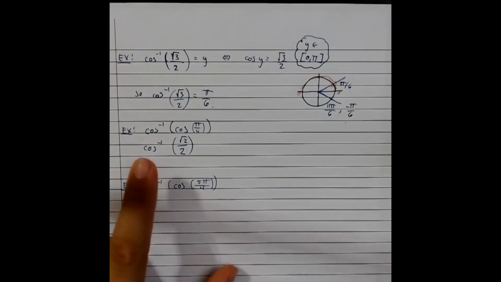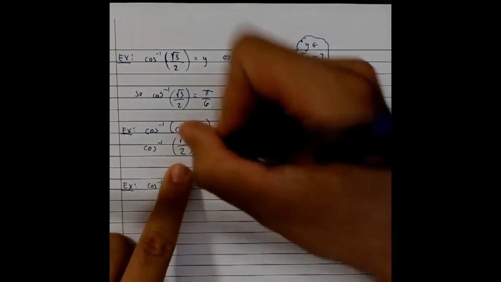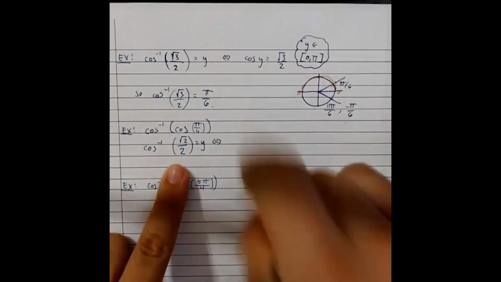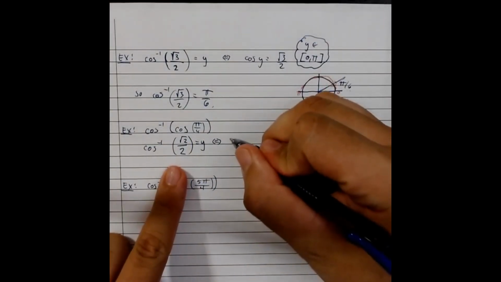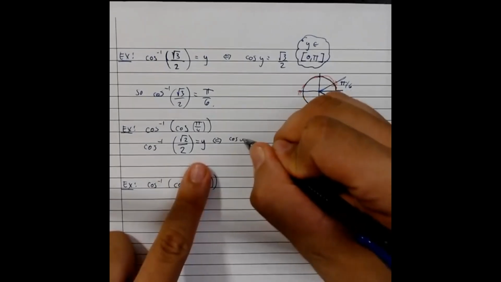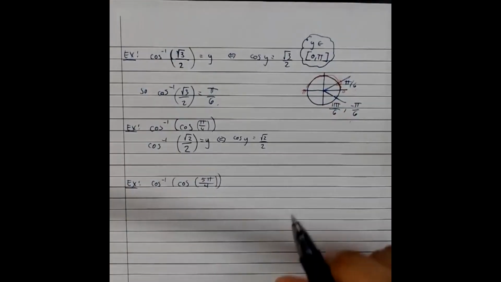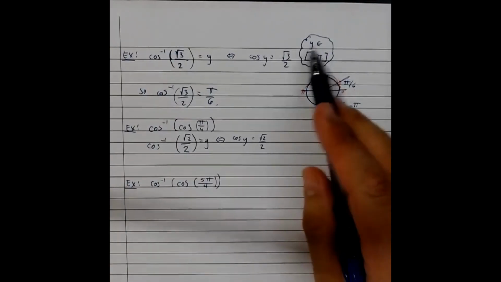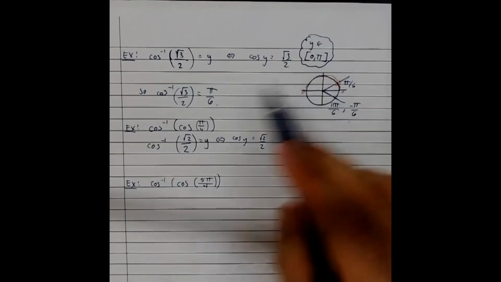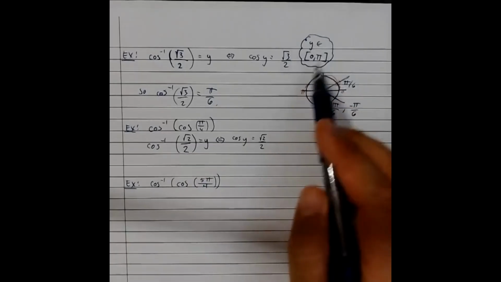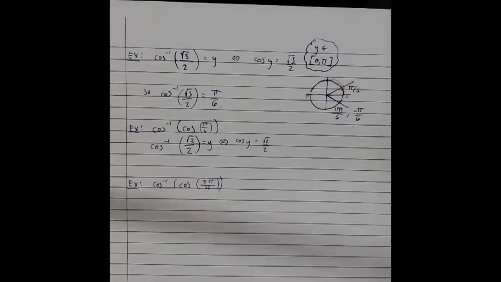It's saying the cosine inverse of root 2 over 2 is equal to some number y. By our definition, that's the same as saying that the cosine of y is equal to root 2 over 2. So again, we want to make sure that y is in the interval from 0 to pi, since we're still talking about an inverse cosine. If it was inverse sine, you'd have a different interval.